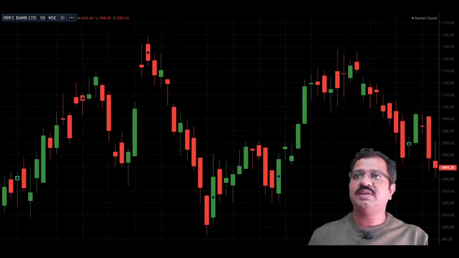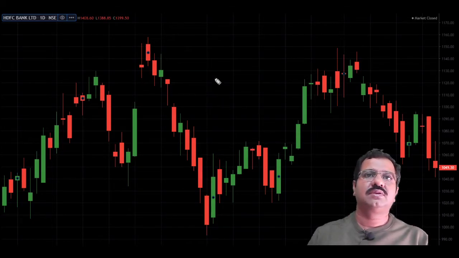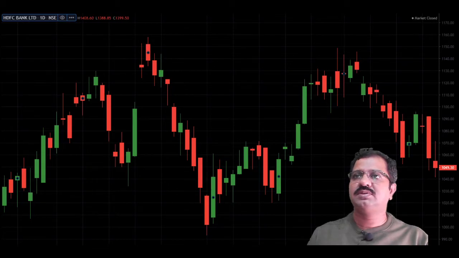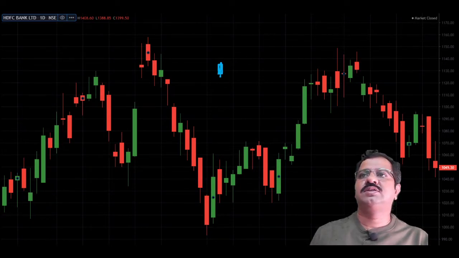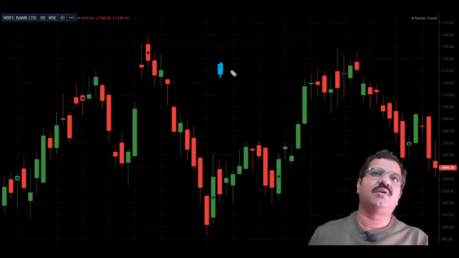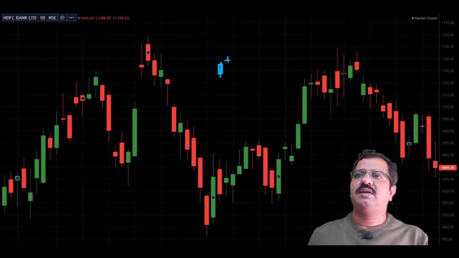So when prices are going up, if this green candle forms, suppose this is a green candle, and then a small doji-type candle forms here, a doji or any small candle, and then a bearish candle forms here.